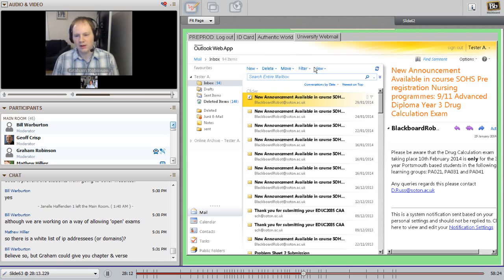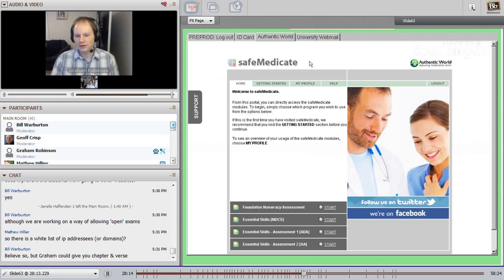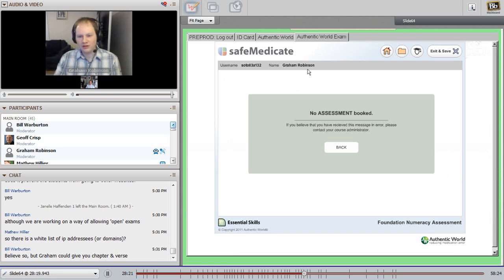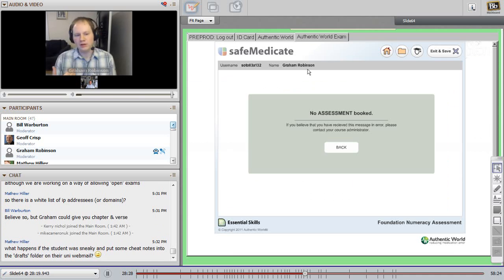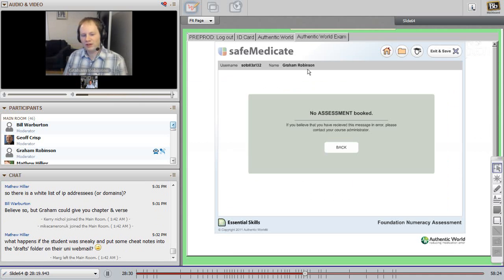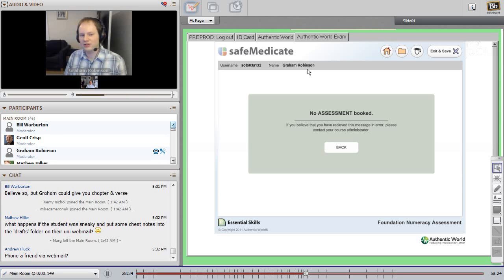So then once you're in, you've still got this University Webmail tab at the top of the page, but when you start your exam, we make the exam pop up in replace of the University Webmail. So once the actual exam has started, there's no physical way of accessing your university email, but before the exam starts, then you've got access to your email for that reset a password. So once you're here, there is no webmail.